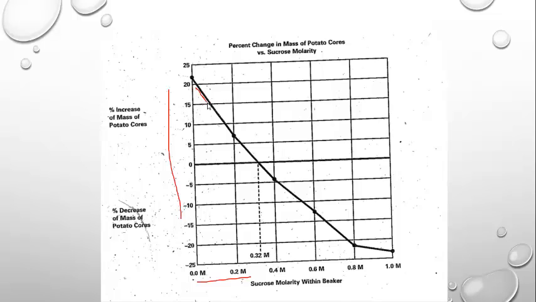You plot your data and you draw a line straight over from where you have a 0% change in mass. You see where that hits your line and you draw a line straight down. At that molarity right there, where there's a 0% change in mass, you have the molarity of your potato cores. Once you have the molarity of your potato cores, you could use that information to determine the solute potential.